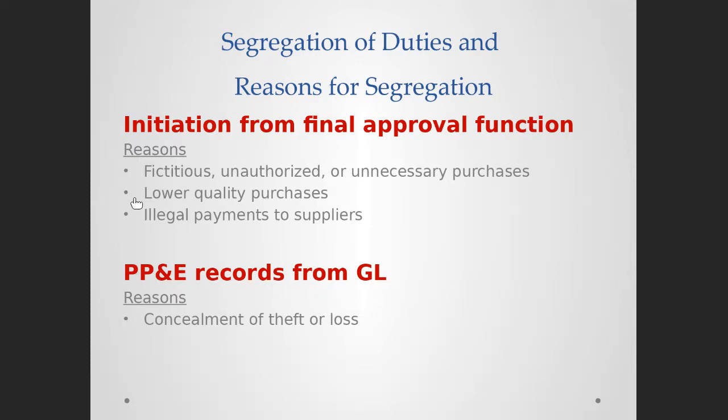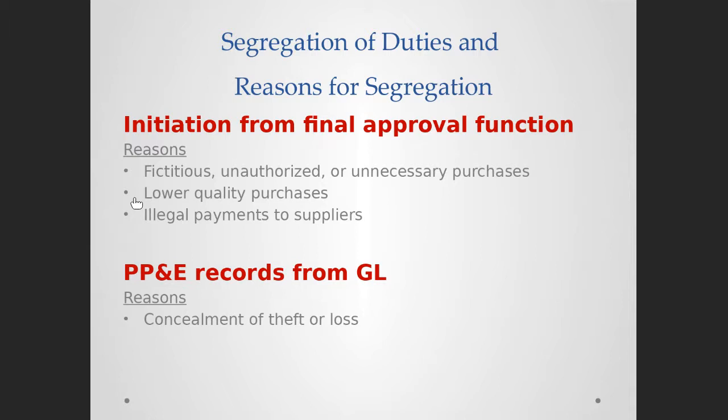Also, this ensures that lower quality purchases are not made, because every single company has a list of preferred vendors that are chosen based on the quality and the price offered by the vendor. If it goes through approval, the approver can make sure that equipment is only purchased from the pre-approved vendor. For example, we buy all of our laptop computers from Lenovo.